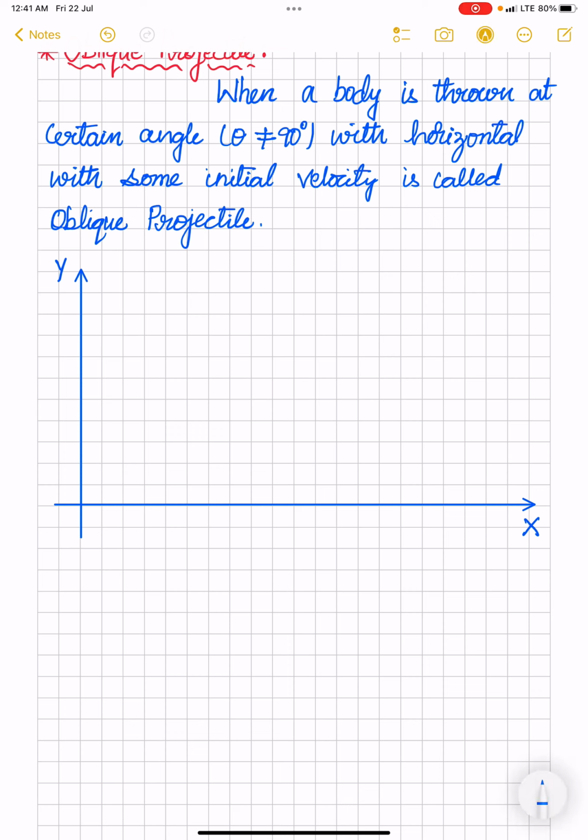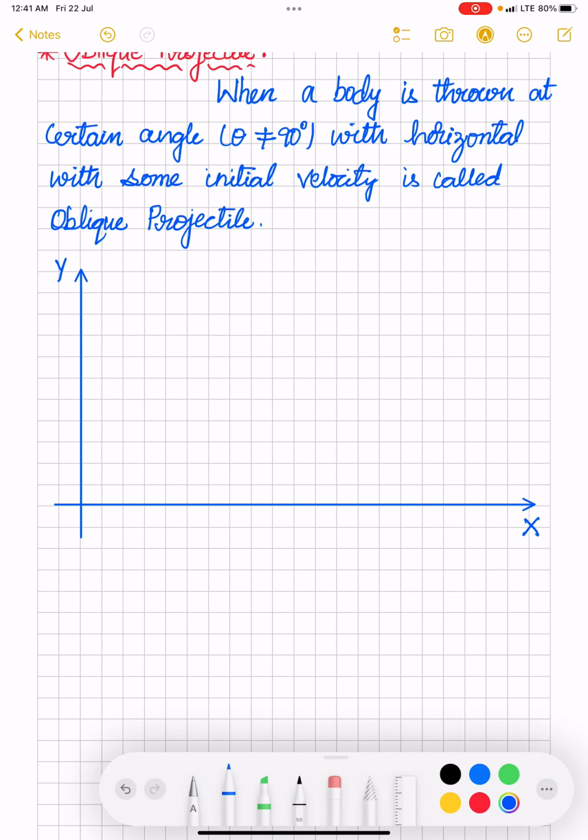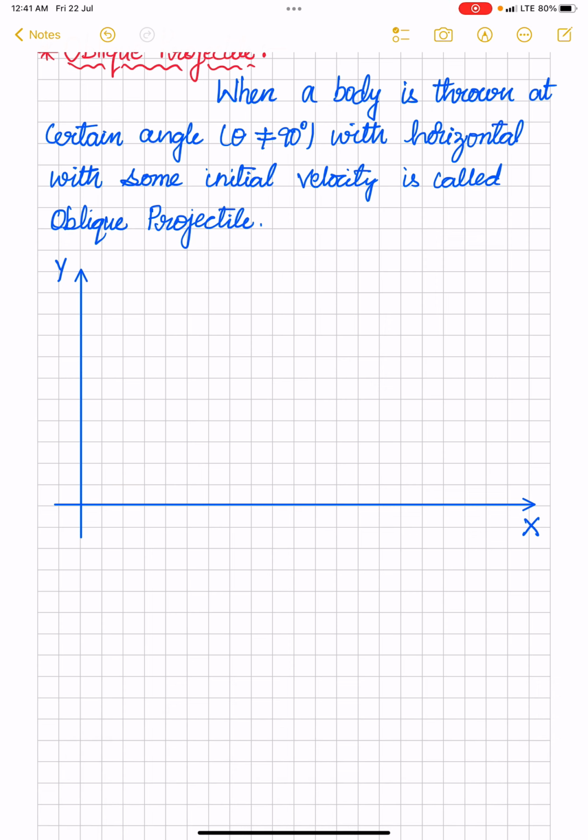So assume that the particle is thrown with some velocity, like this. See, the velocity is this one. So at an angle, a particle is being thrown. Thrown with the horizontal at this theta, and with some initial velocity u.